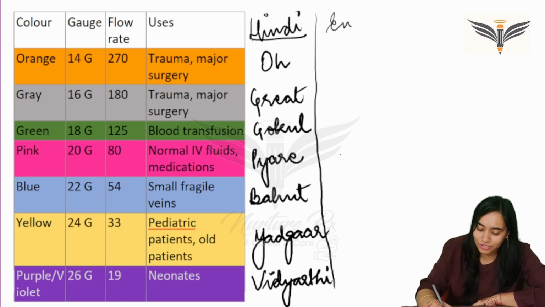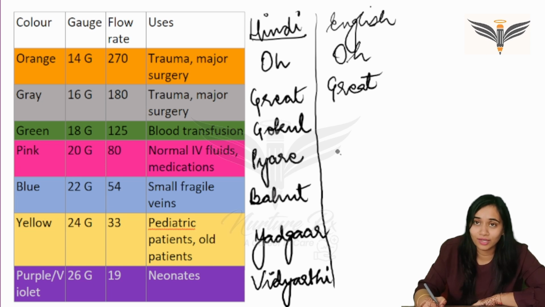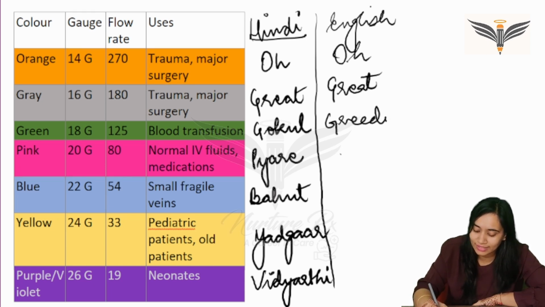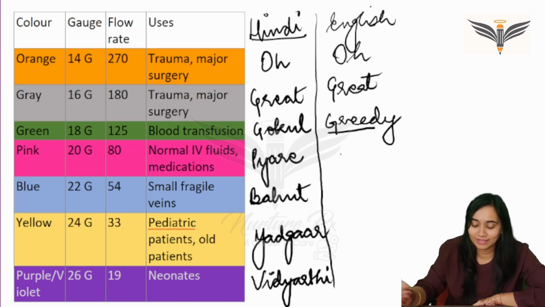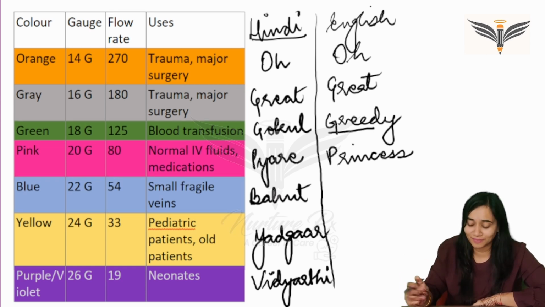And in English, it is again oh great. Now here how will you differentiate? I have put the word greedy, so you know green will correspond to green. So oh great greedy princess. Now you know princess corresponds to pink color.